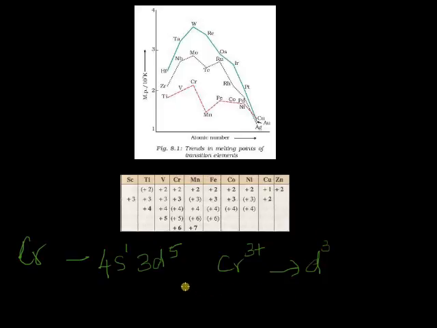Now the 5 d orbitals, though we say they are degenerate, are actually split into 2 sets: t2g orbitals and eg orbitals. The t2g set has 3 d orbitals and the eg set has 2 d orbitals.